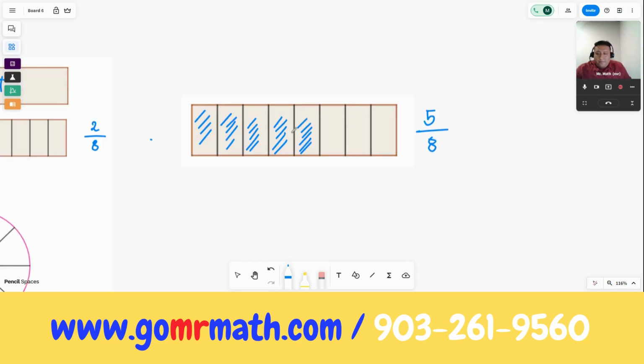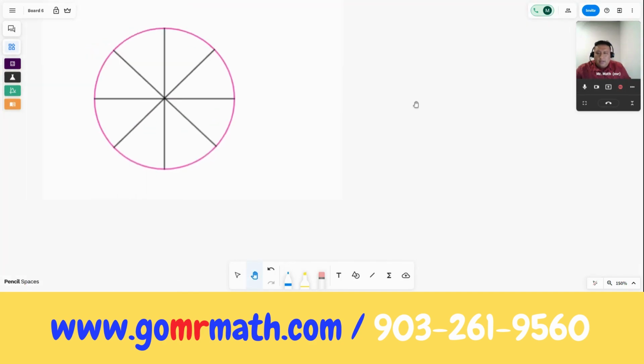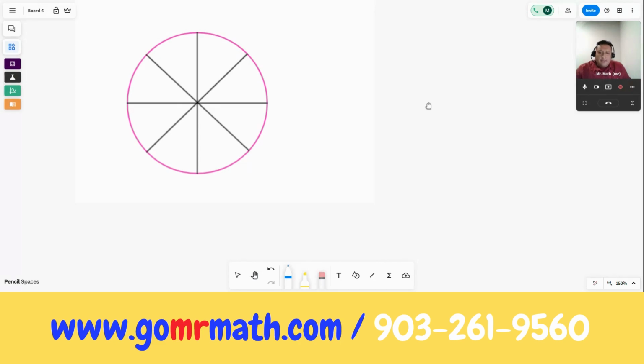Okay, now let's go to a classic example. This is the classic example of the pizza. Okay, this pizza is the circle, is the unit, and let's see how many pieces we have. 1, 2, 3, 4, 5, 6, 7, 8. We have 8 pieces, or we call them 8 slices.